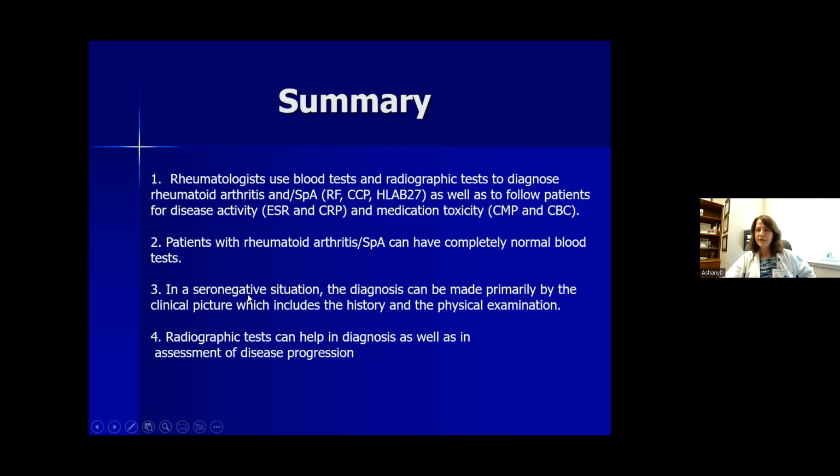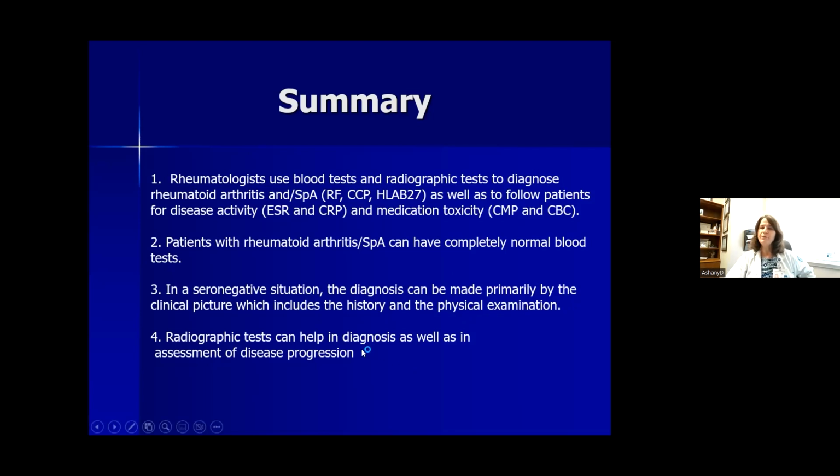In a seronegative situation, meaning that the blood tests are normal, the diagnosis can be made primarily by the clinical picture, the history, the physical exam, which is just repeating what I said before. And then the radiographic tests that we reviewed can also help in the diagnosis.